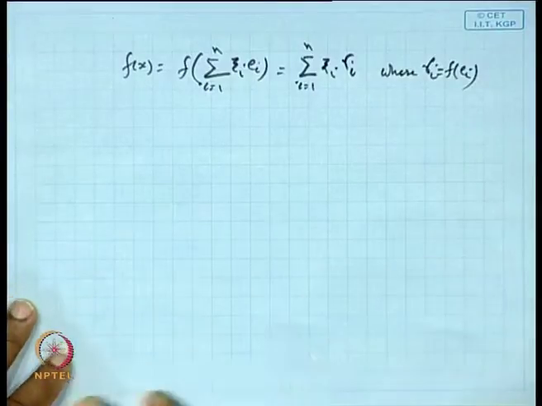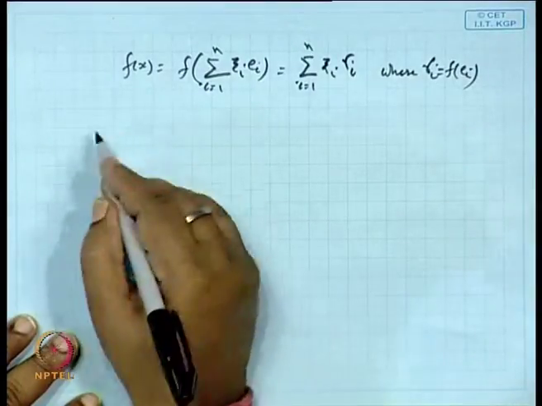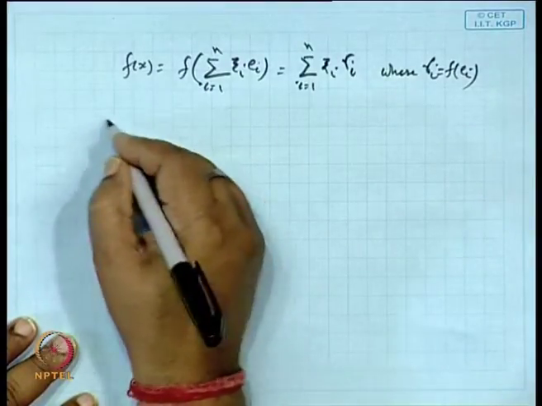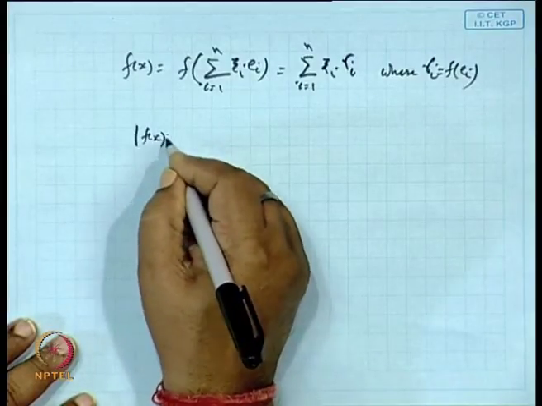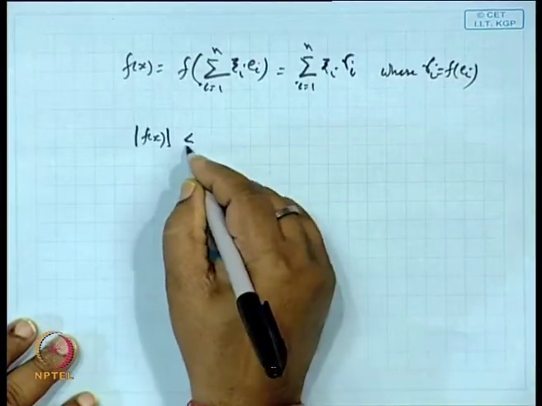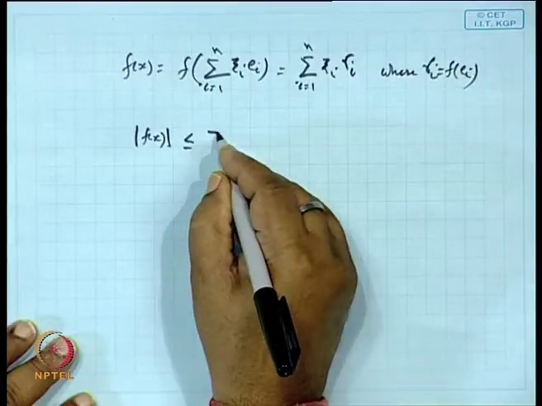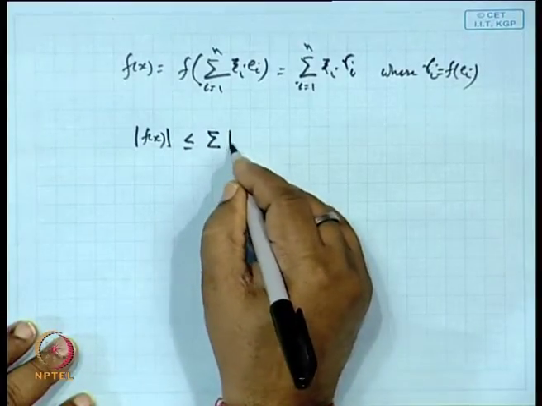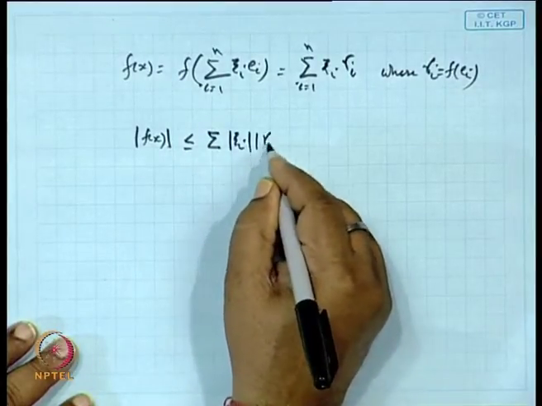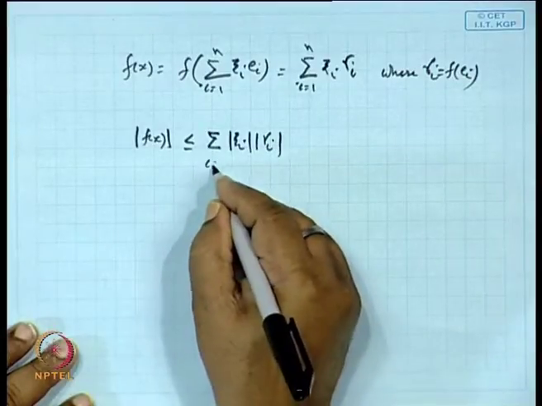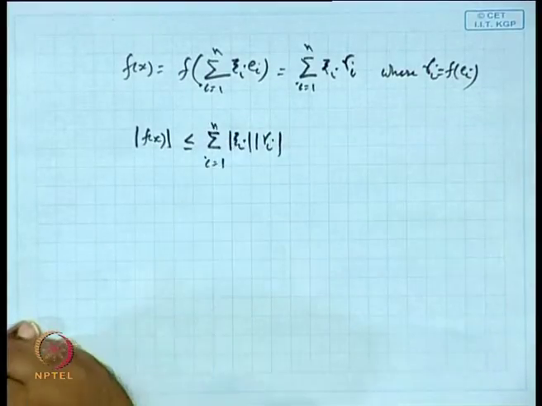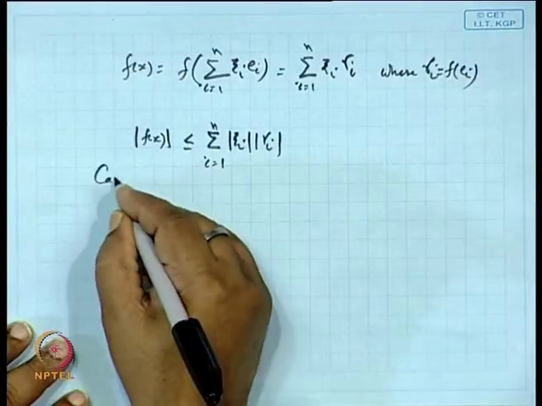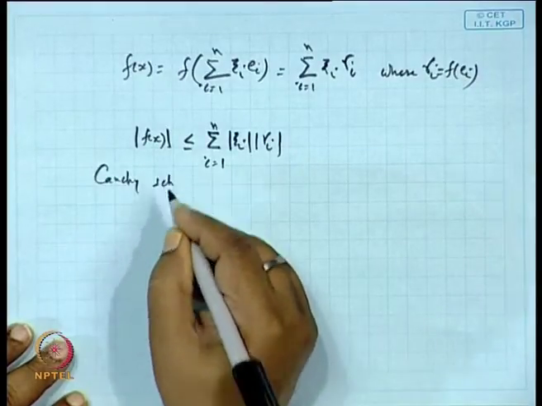Now, if I take mod of f of x, then it will be less than or equal to sigma mod of x_i mod of gamma_i, i is 1 to n. Now, apply the Cauchy-Schwarz inequality.